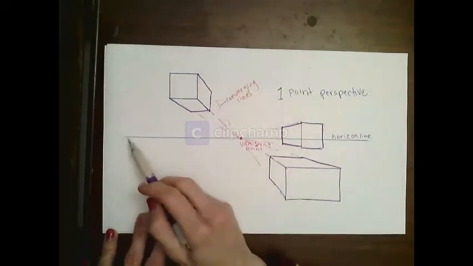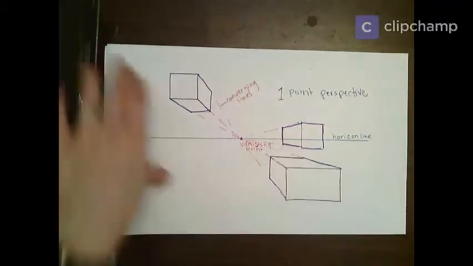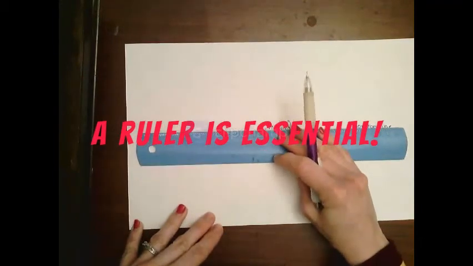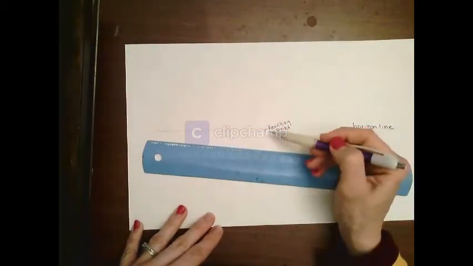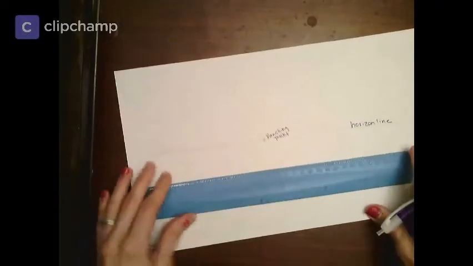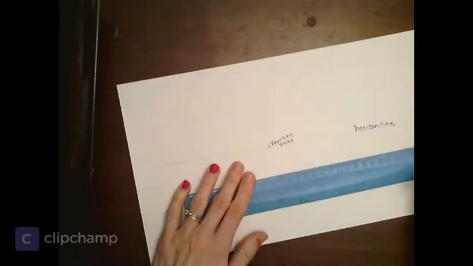Okay, so again, we are going to start with a horizon line and a vanishing point. So to do this, you will want a ruler. You're going to use your ruler to draw a straight line. Okay, and then you're going to make yourself a vanishing point. After that, you're going to use your ruler to create some squares and rectangles.